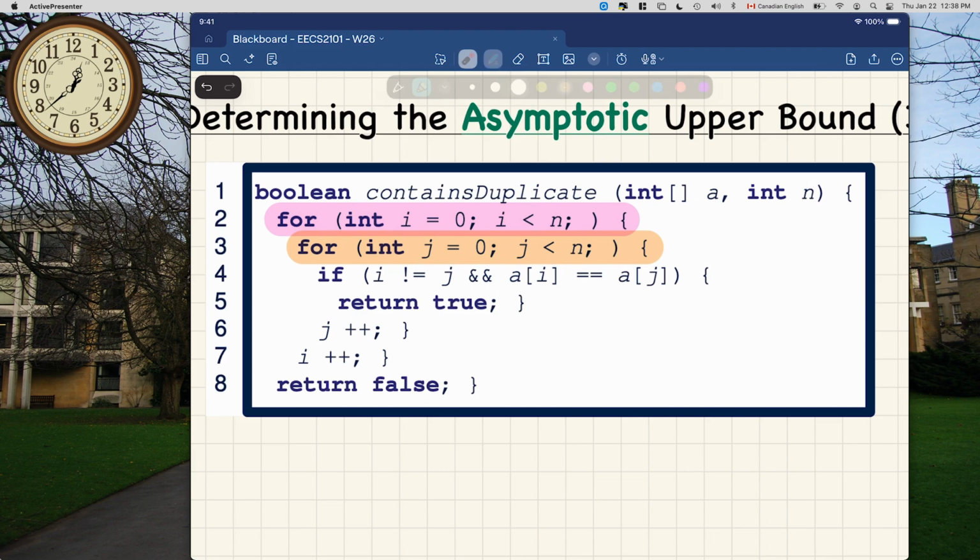If that might help, think about the bracket here corresponding to the bracket here, right? Also, the bracket here corresponds to the bracket here, right?